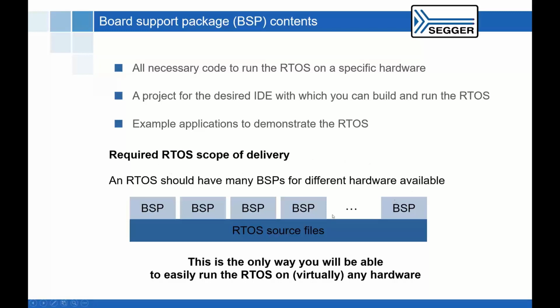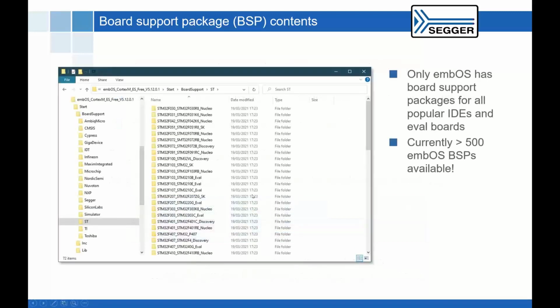So whatever RTOS you pick, you should look for many different BSPs as part of the delivery, because this is really the only way you'll be able to easily run your RTOS on virtually any hardware, and specifically, of course, the one that you are interested in.